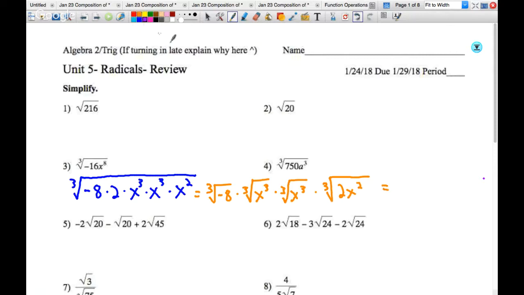All right, and this leads us to our final answer. This here becomes a negative 2. These cancel, these cancel. x times x is going to be x squared, so we've got negative 2x squared times the cubed root of 2x squared. So yeah, if I see a negative inside of a cubed root, I know that I'm going to be pulling out a negative coefficient. It works that way every time.